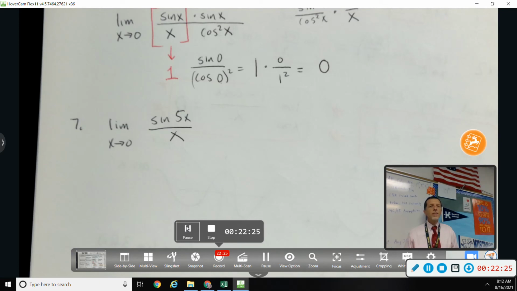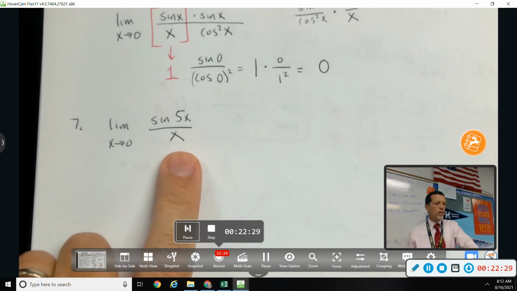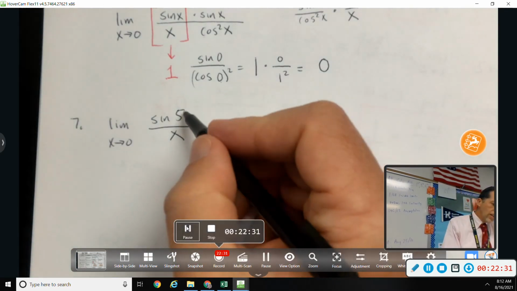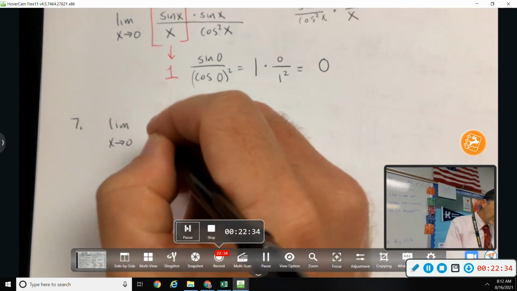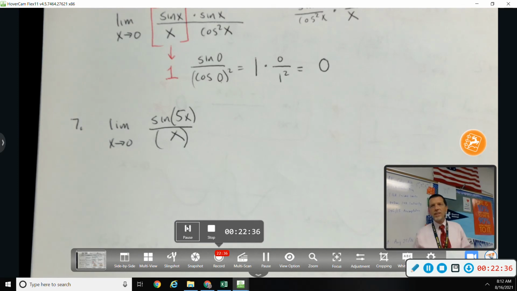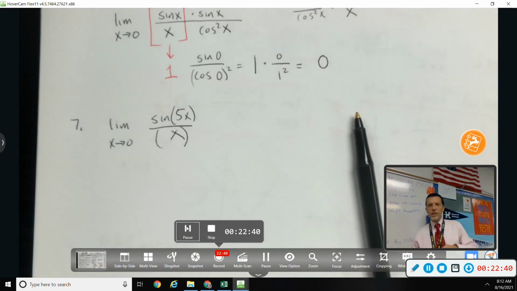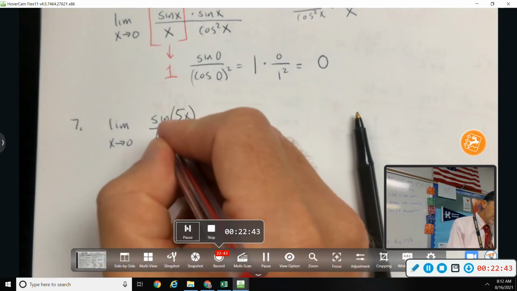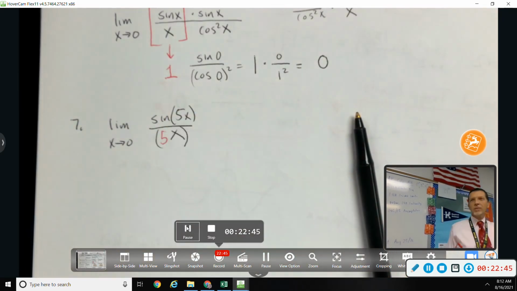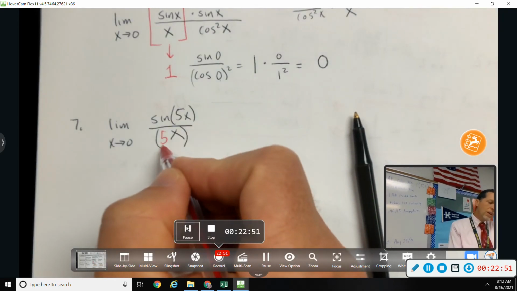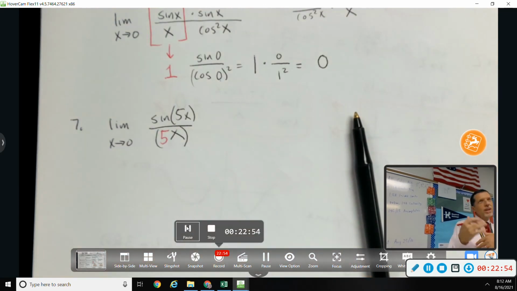It's not exactly what we had hoped for in terms of the rule, because for the rule to work, this and this need to be the same, right? Sine of x over x. They're not the same. Well, I'm going to do an algebra trick here. If I put a 5 down there, now they're the same. But that's kind of illegal. I can't just throw a 5 in the bottom. If I want to put a 5 in the bottom, where else could I put a 5 that would keep things balanced or the same?